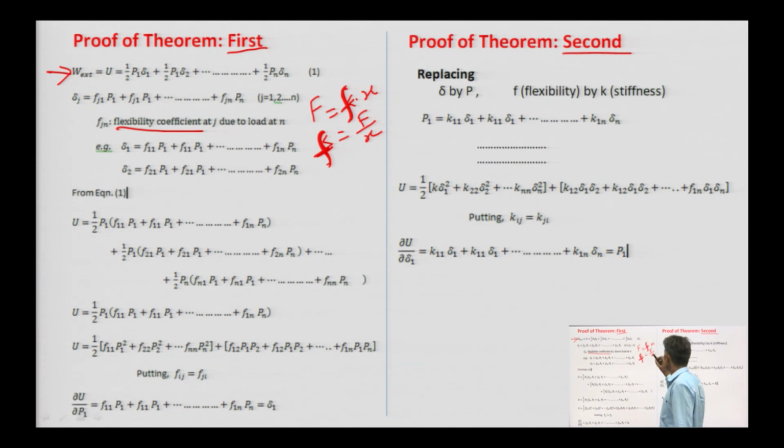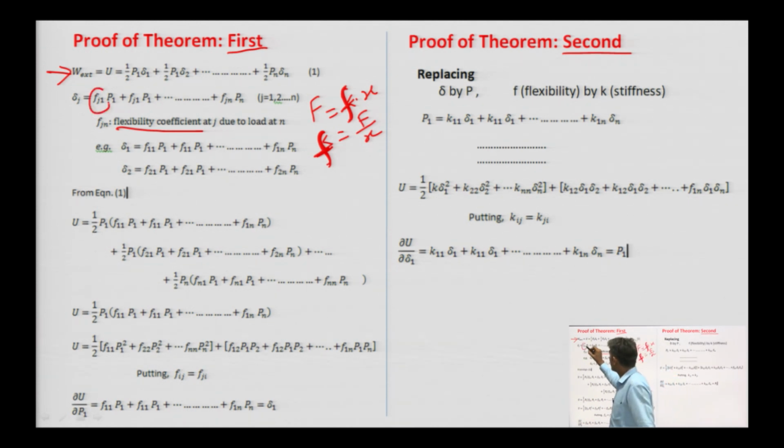The definition is the required force to produce unit displacement. Flexibility coefficient is the required force to produce the unit displacement. So this is the coefficient f j n, where j n means flexibility coefficient at j due to load acting at n.